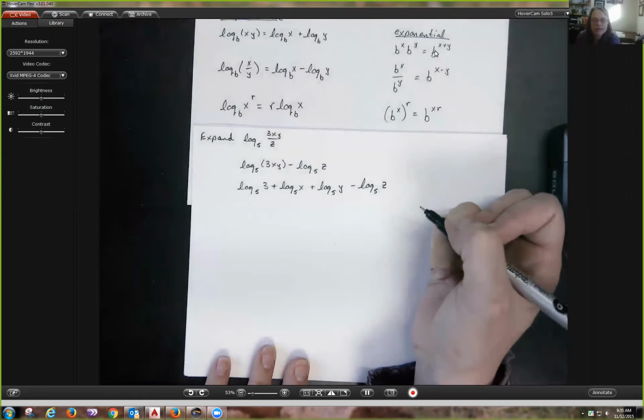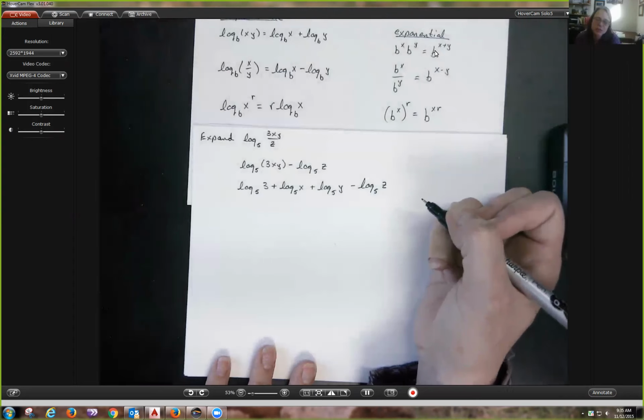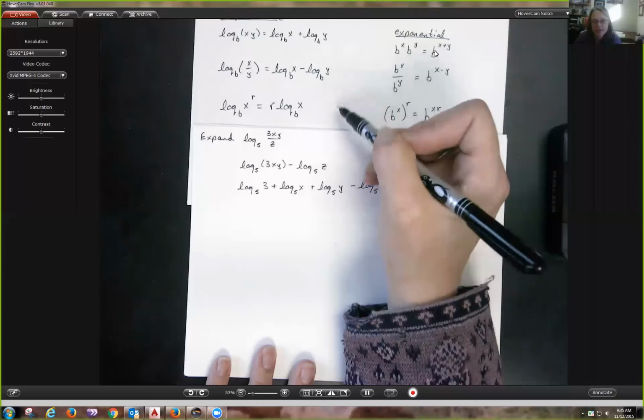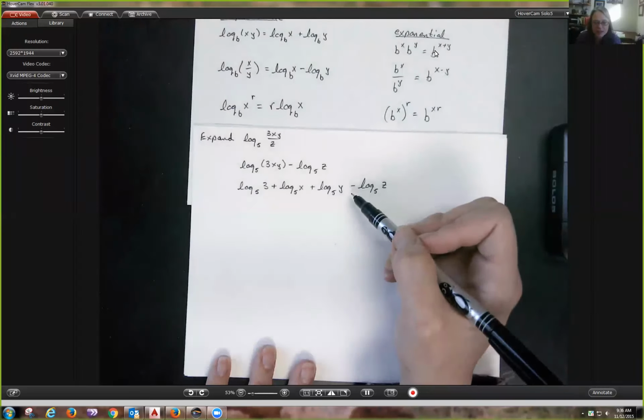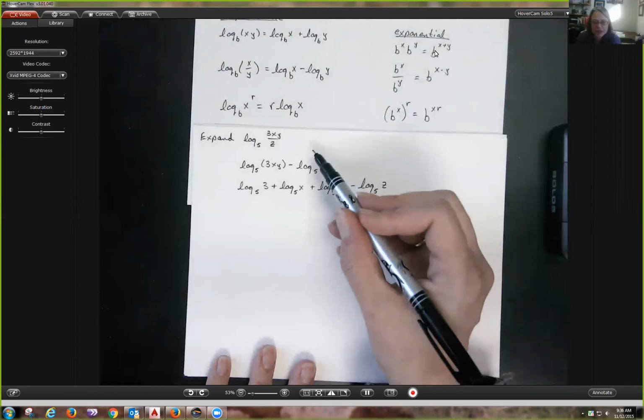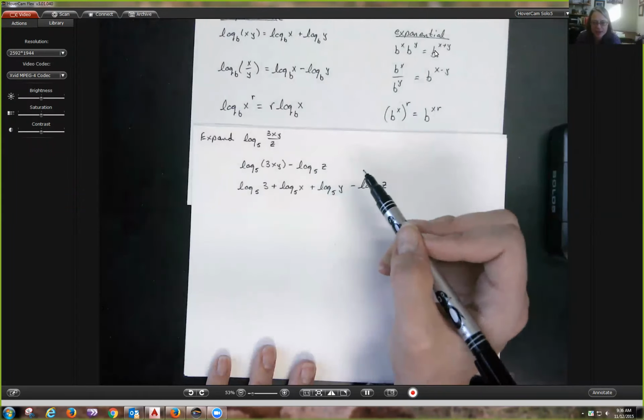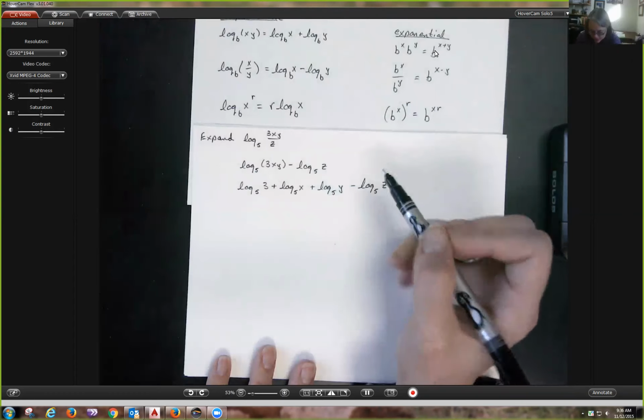Notice my base never changes. There's only one way we can change the base of a logarithm. We'll talk about that later. When we're doing these expansions, the base never changes. The only thing I do is apply these rules of logarithms to expand my original expression into individual logarithmic values added together or subtracted from one another.